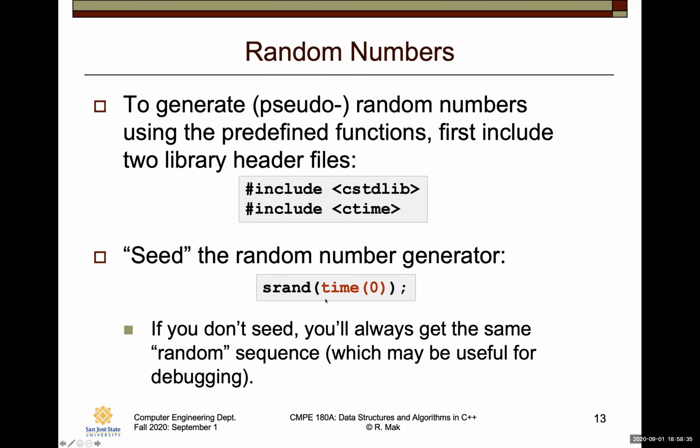It could be 12, it could be 3, it could be 0, whatever, and you'll get the same sequence of random numbers. Now here, I'm giving it the current time as the seed so that every time I run the program, because it'll be a different time, we'll get a different sequence of pseudo-random numbers.